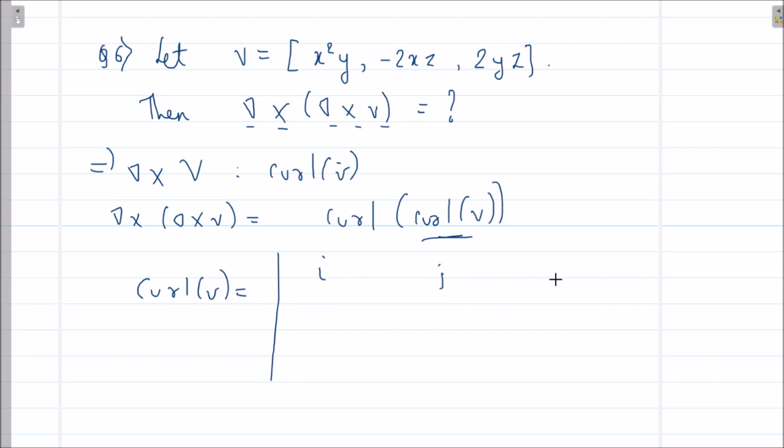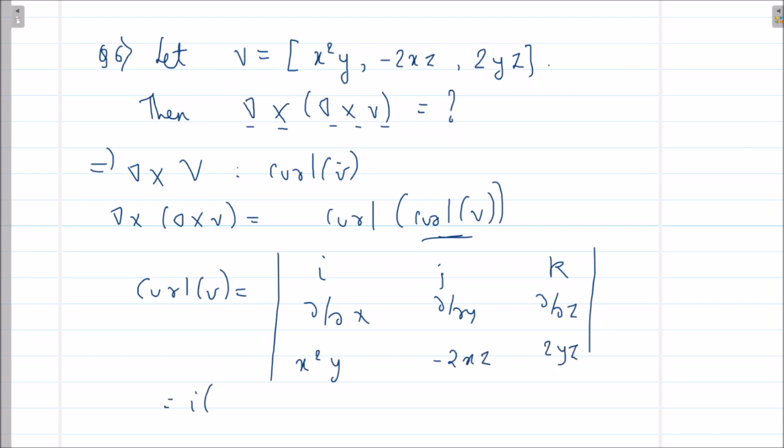So i, j, k. Here you have ∂/∂x, ∂/∂y, and ∂/∂z. What do you have here? x²y, minus 2xz, and 2yz. Fine. So this is i into, first I have to take this minus this. So I have 2z plus 2x, minus j into 0 minus 0, plus k into minus 2z minus x².